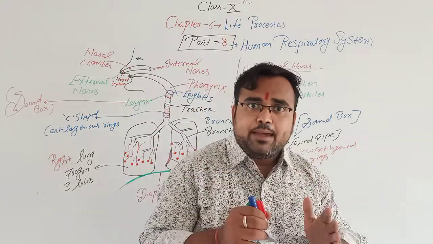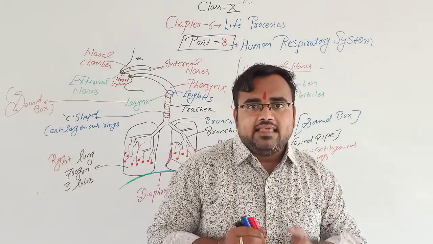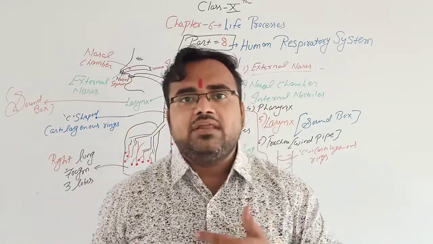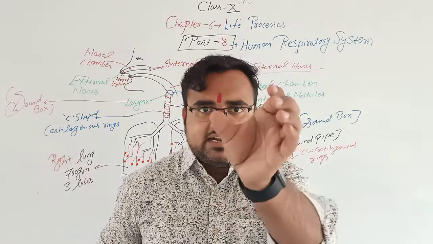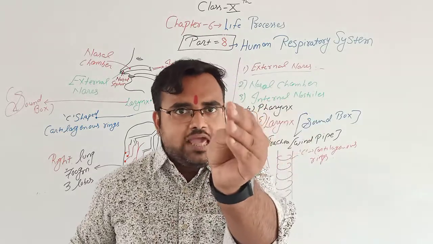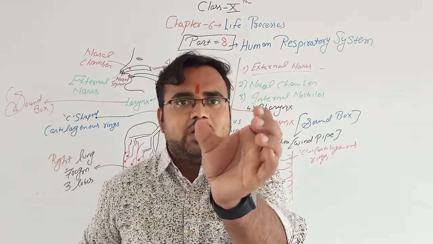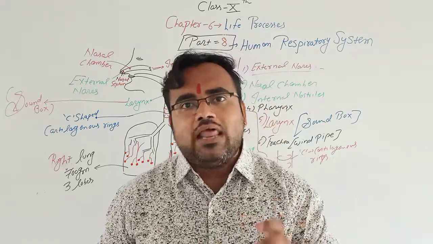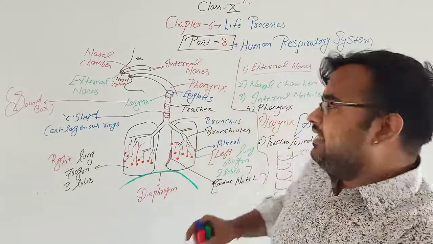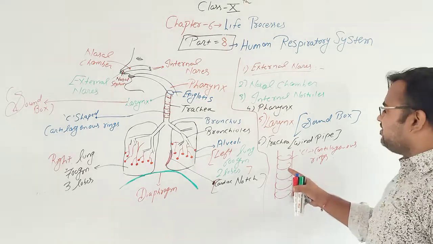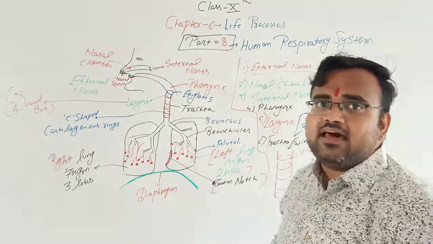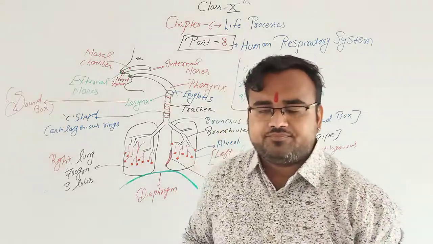In the absence of air, when we stop breathing, the trachea, that is the windpipe, can collapse. So to prevent the collapse of trachea, C-shaped cartilaginous rings are present. You can assume these C-shaped cartilaginous rings are like springs.